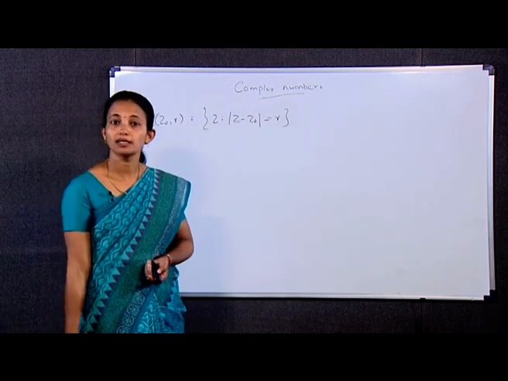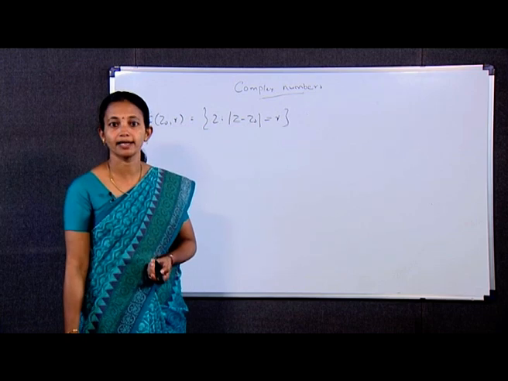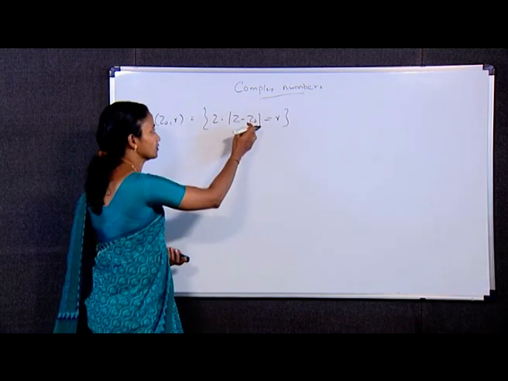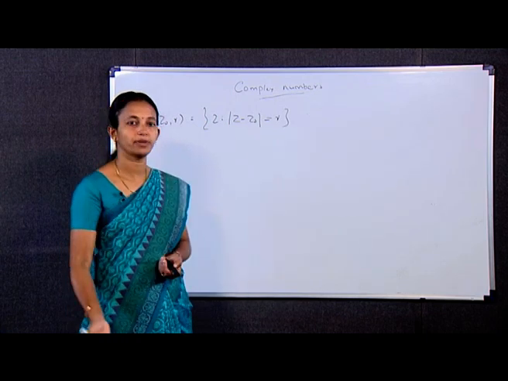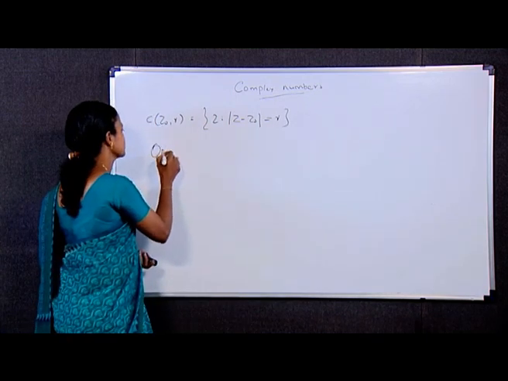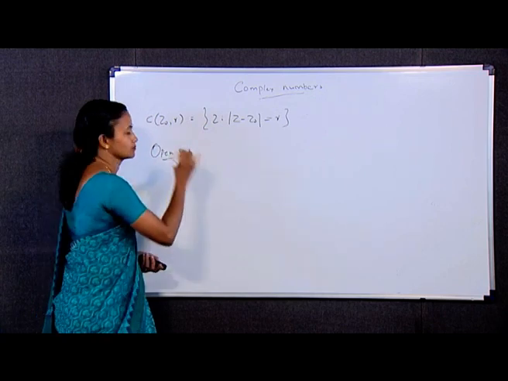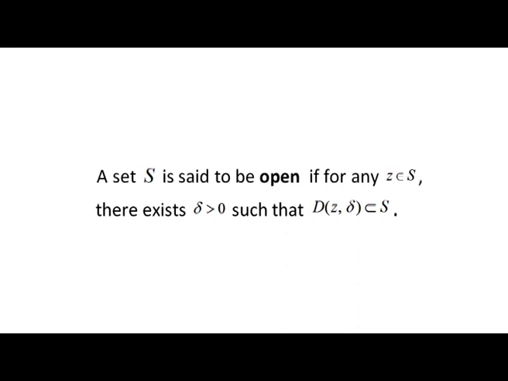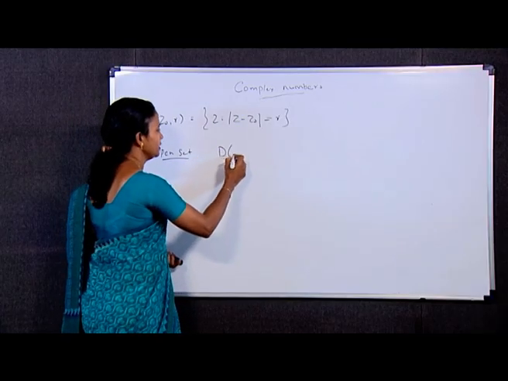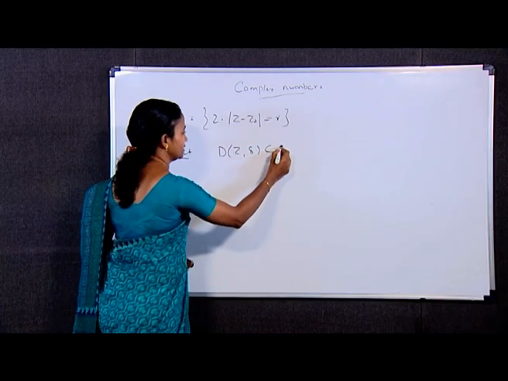That is, the circle of radius r greater than 0 centered at z0. Next we have open set. A set S is said to be open if for any z in S there exists some delta greater than 0 such that D(z, delta) is contained in S.